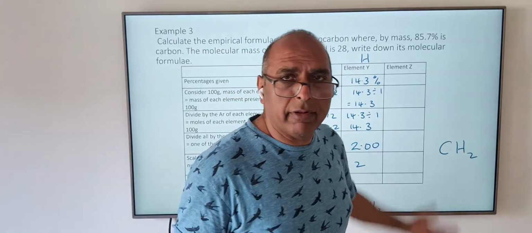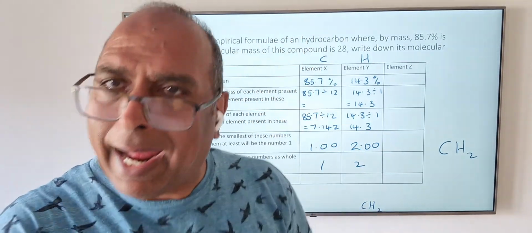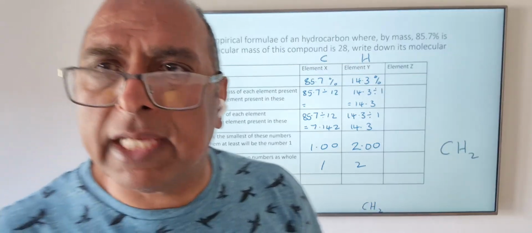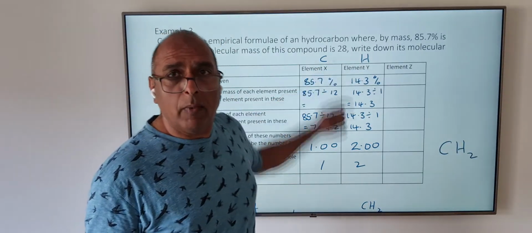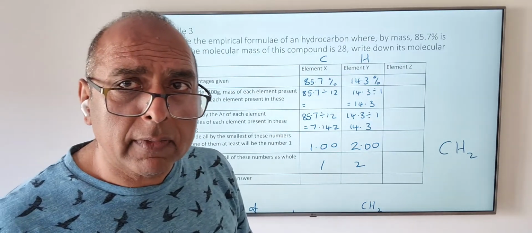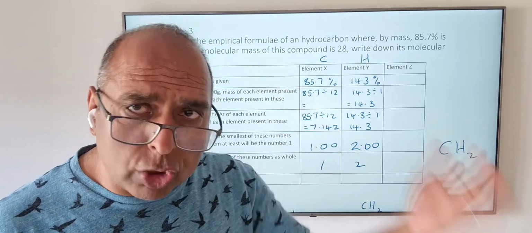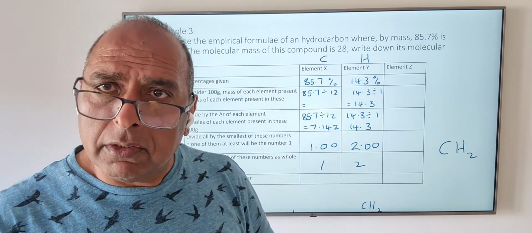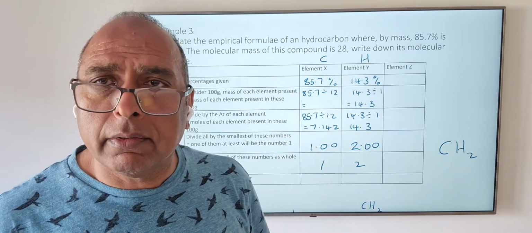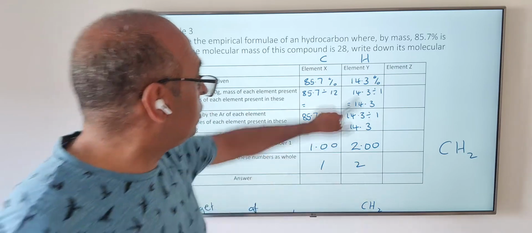The empirical formula CH2. How many of those do you need to get a relative molecular mass of 28? Well, you need 2 lots of them. 1 lot adds up to 14. You need 2 lots of them, and they will add up to 28. And you're told it's 28.